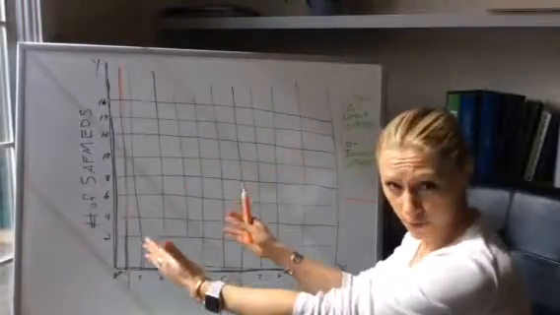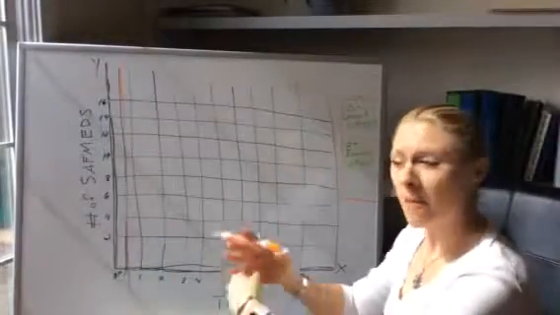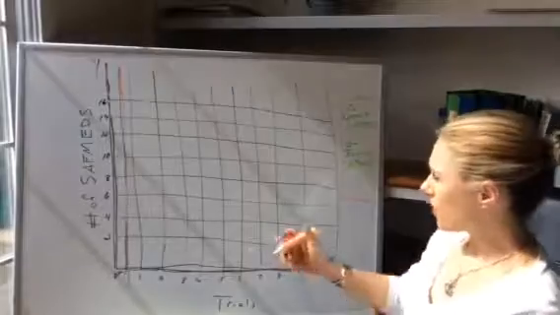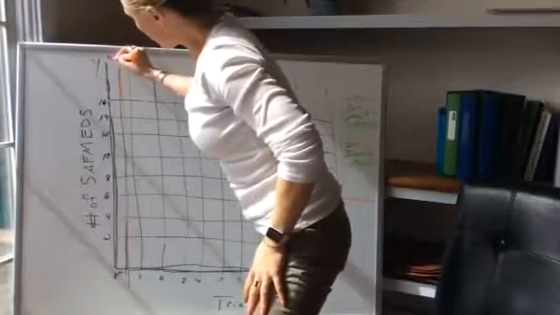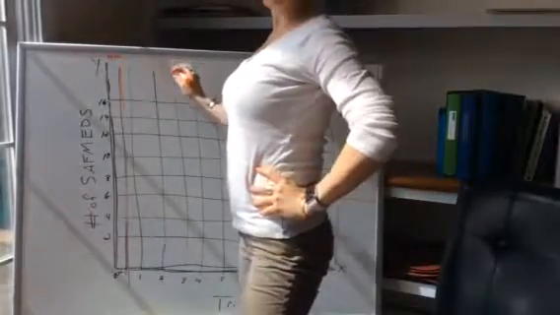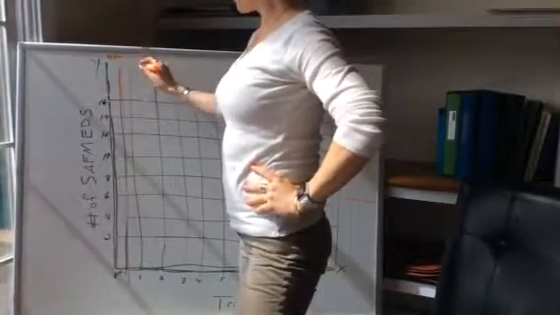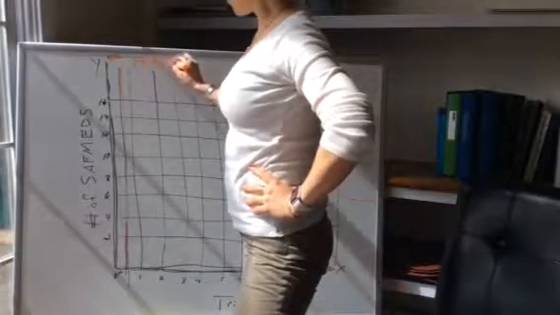So our first phase is going to be our baseline phase, right? Prior to implementing an intervention. So over here, I'm going to write baseline, BSL for short. And then over here on this side, I'm going to write study. Intervention.